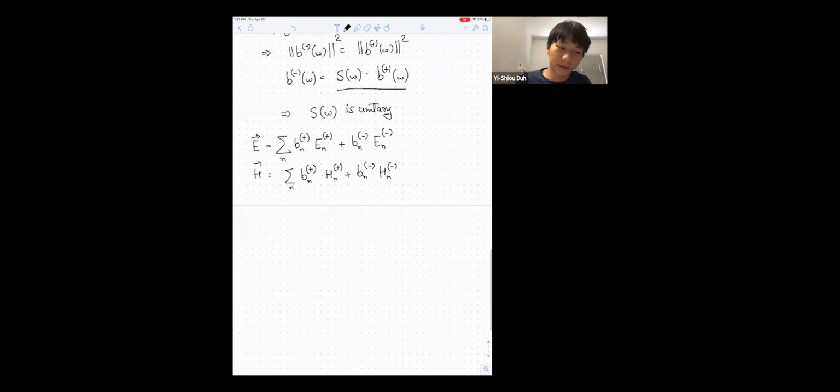And your magnetic field is the sum over forward propagating modes Hn plus the sum over backward propagating modes. Makes sense. And then you just have to write E cross H star, and you integrate over the surface, right? So you can choose your surface to be normal to the waveguide. That's completely up to you.